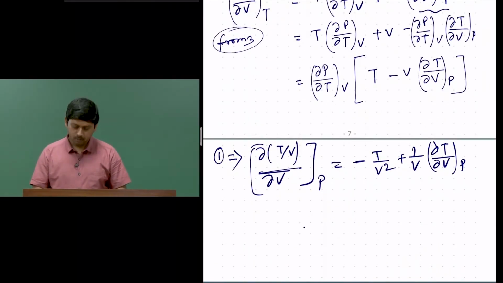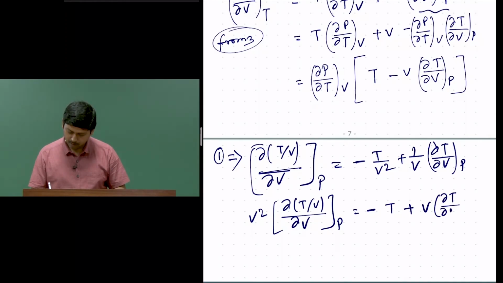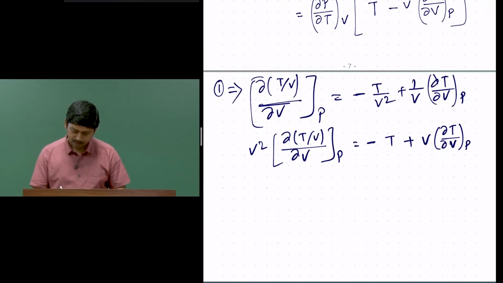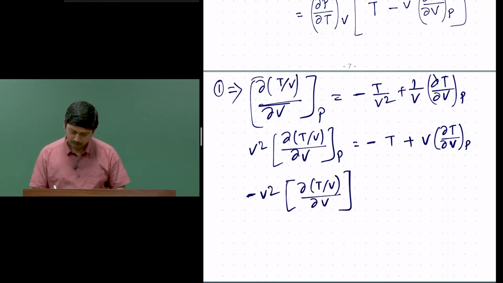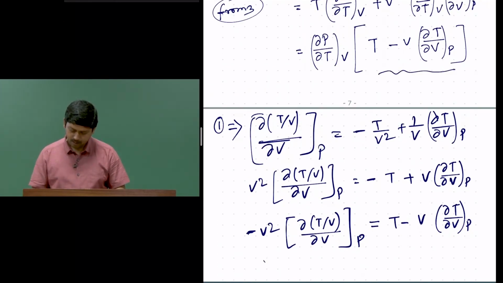Now, multiply by V square both sides. So, we get V square into del T by V by del V at a constant P is minus T plus V into del T by del V at a constant P. Take the minus on this side. So, minus V square del T by V by del V P is T minus V del T by del V at a constant P, and that is what is here.